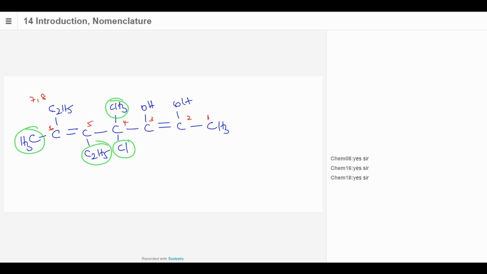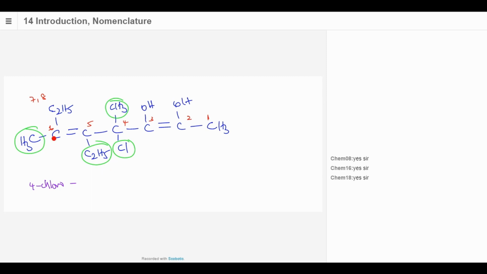Right. Let's see whether you are getting the answer correct. So you have chloro, ethyl, and methyl. The chloro counts before anything. So this is 4-chloro.